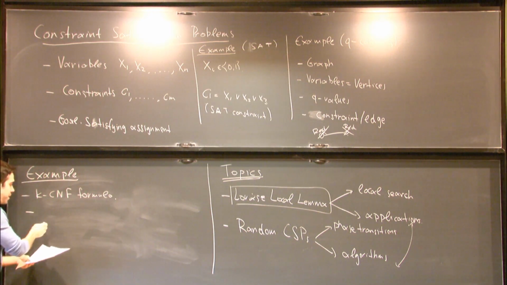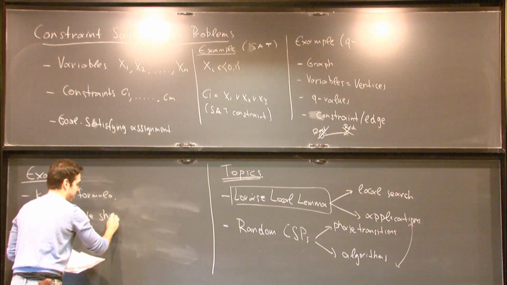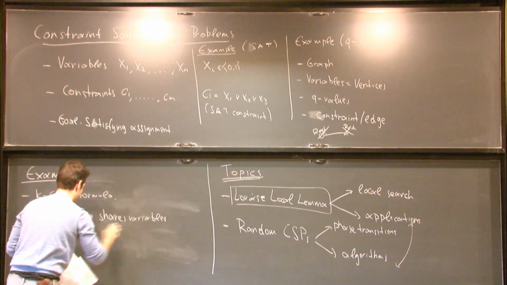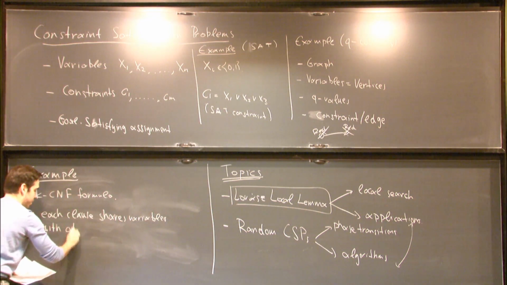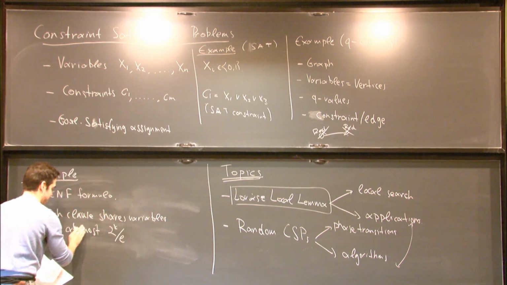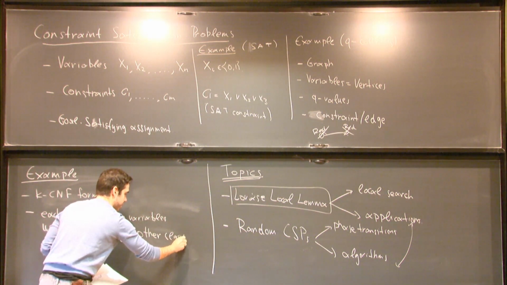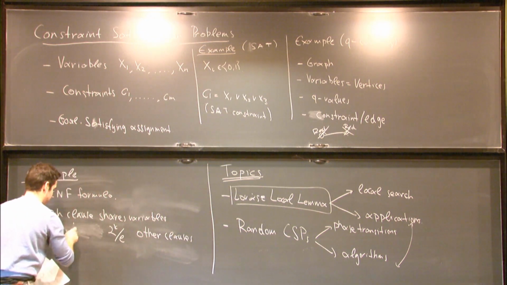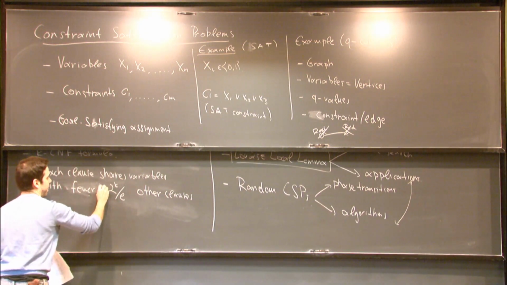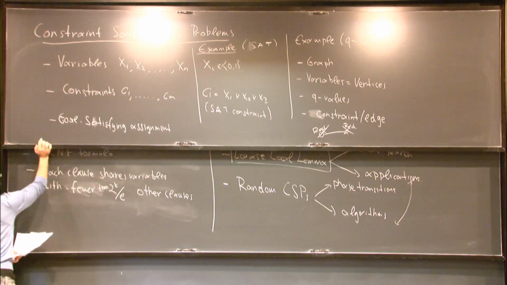It's sparse in the sense that each clause shares variables with at most 2^k over e other clauses. Then this formula is satisfiable. Okay? Sorry.